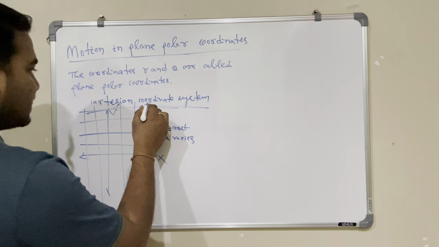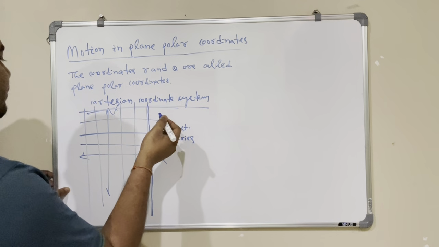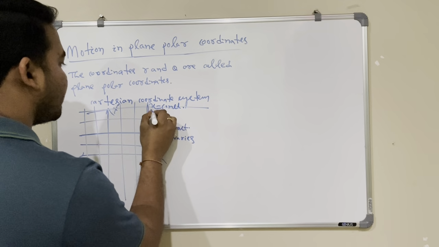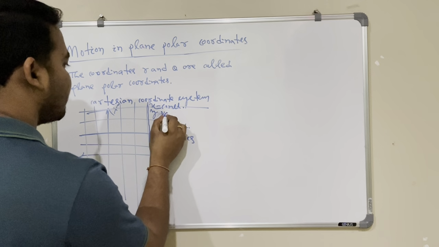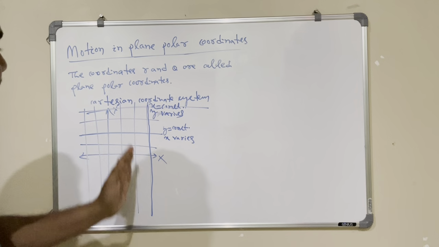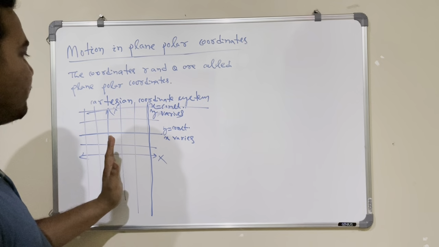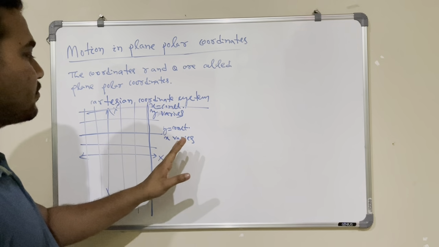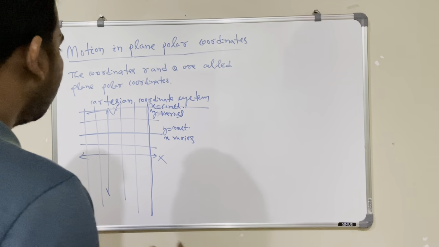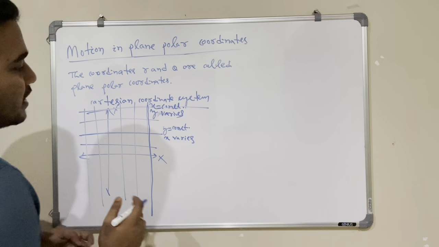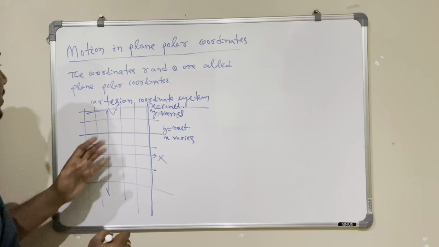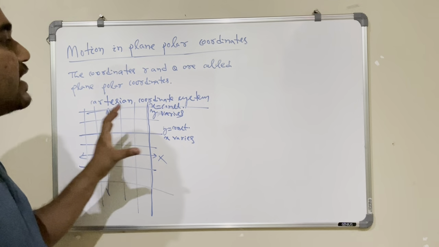The constant coordinate lines are straight lines, and they are perpendicular to each other whenever they intersect. This is for the Cartesian coordinate system.